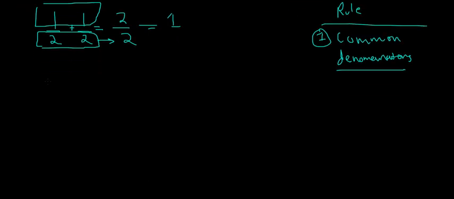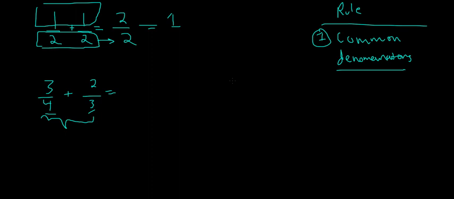But say you have something like, and then 2 over 3. I want to add these two together. Well, in this case, our denominators are not the same. This is 3, this is 4.